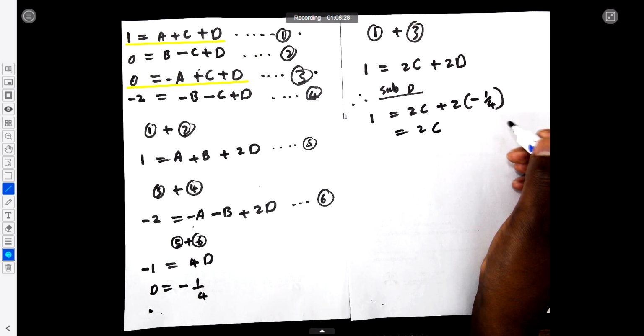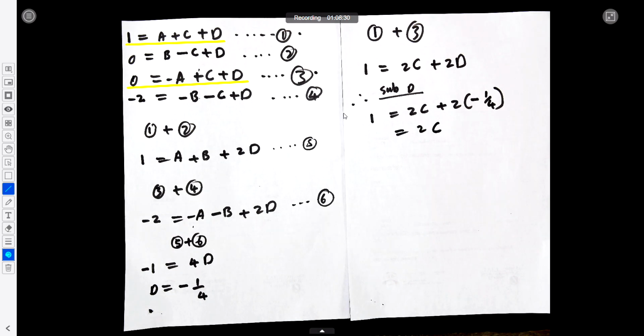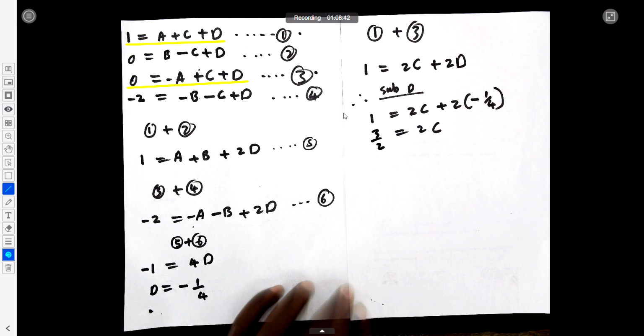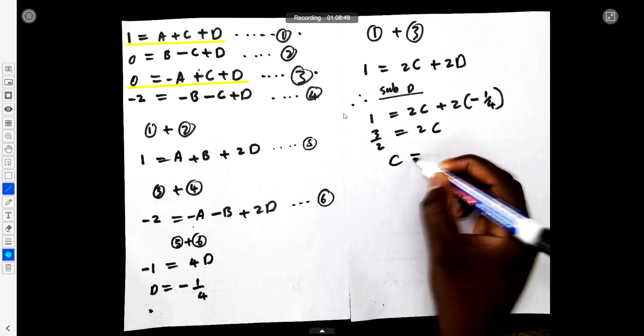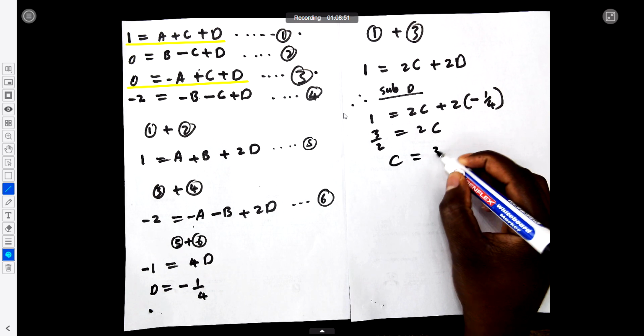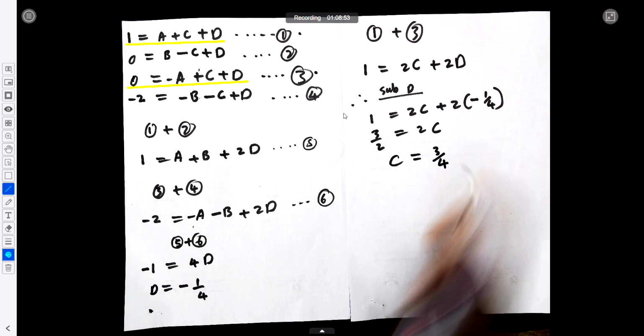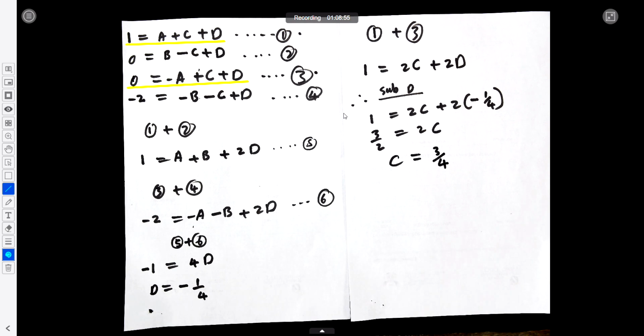So 2c is equal to, so we have 2 times negative 1/4, which is negative half, right? So negative half, take it to the other side. It will be 3 over 2, add it to 1. So I have 3 over 2. So divide 3 over 2 by 2, it is going to be 3 over 4.